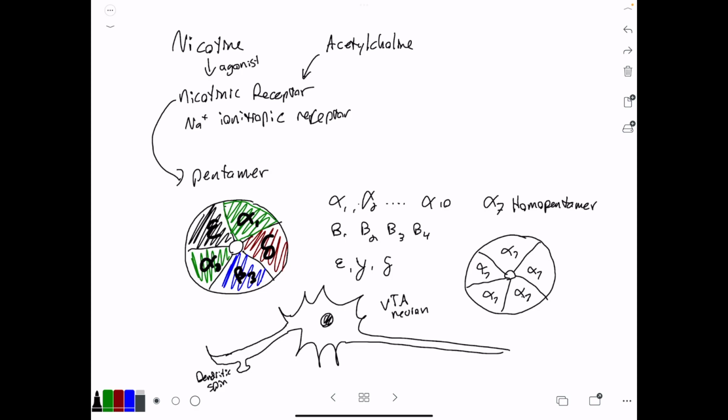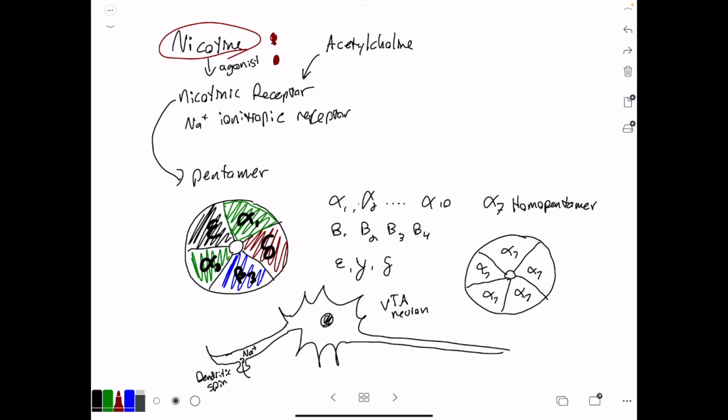And the nicotinic receptors are going to be here, and when activated with nicotine, is going to bring sodium inside, and we'll color code our nicotine here as red.